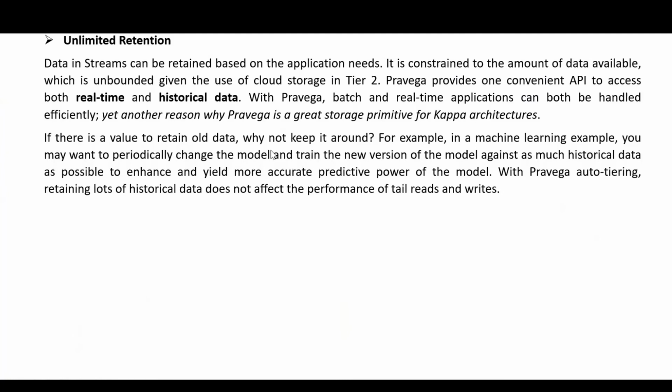So how does the user get an unlimited retention advantage here? If no retention policy or limit has been set for the configured stream over which data will be populated, then the data can reside over the same stream for an infinite period of time until the underlying storage runs out.